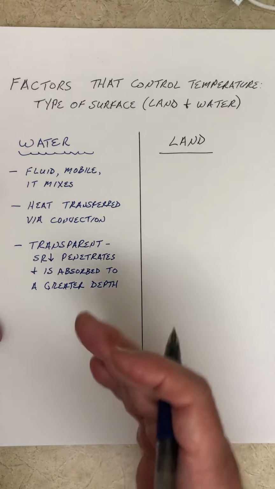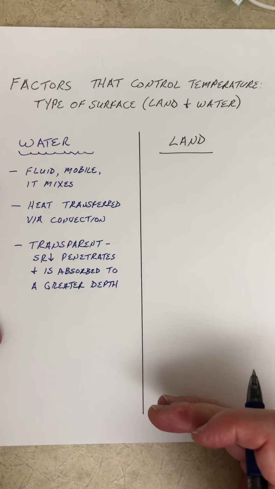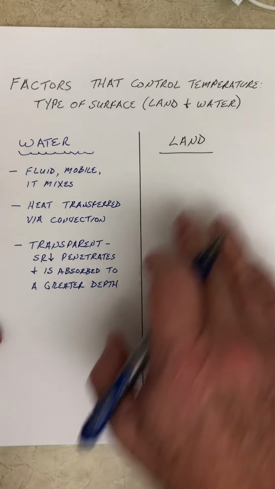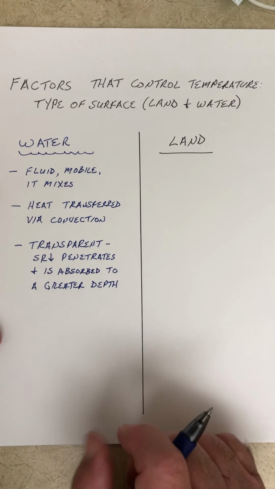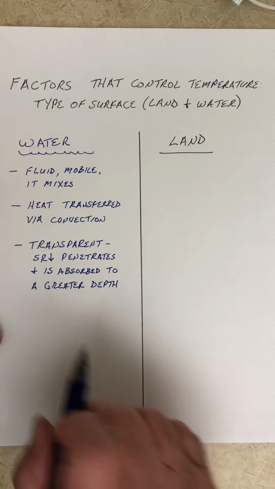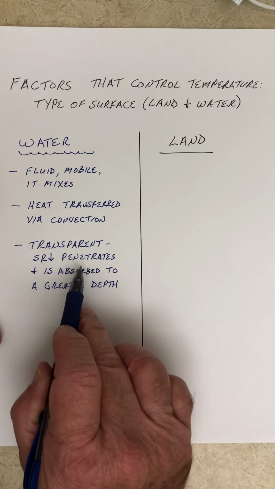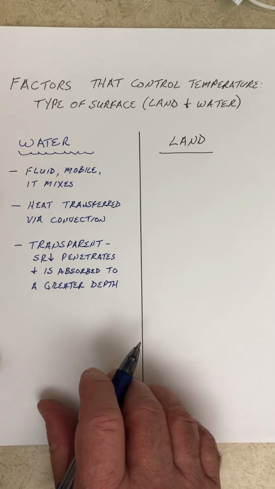And so you're warming up from the surface down many feet below. And when we compare that to land, you probably know that when solar radiation falls on land, that solar radiation is not penetrating very deep because land's not transparent like water is.